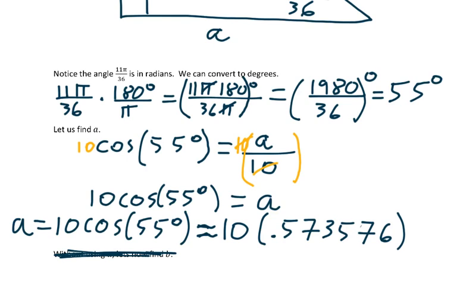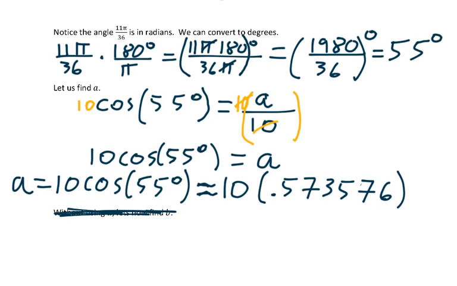There we go. Okay. So this is what we get. So cosine of 55 degrees is about this. Okay. So what do we get here? So we get A is about, multiplying this by 10, we're going to get 5.7358. So that's what A is.